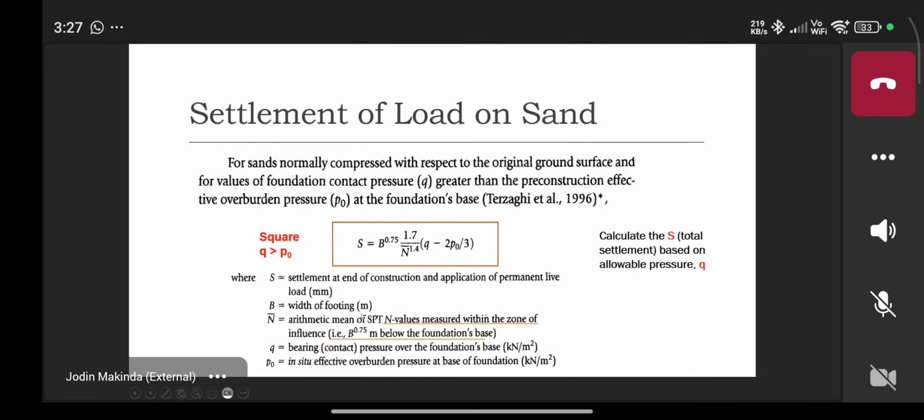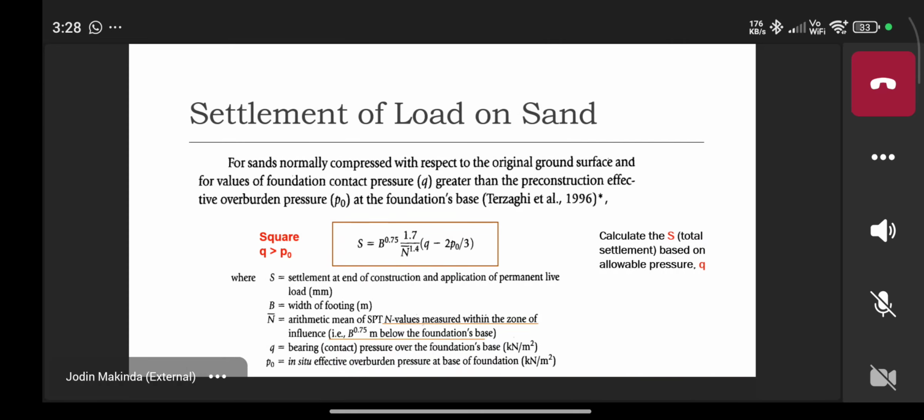Q is the contact pressure. What is the load of the design? What is the load divided by the area of the design? This is Q. Meanwhile, P naught is the in situ effective overburden pressure at the base of the foundation, not at the middle of the clay layer.